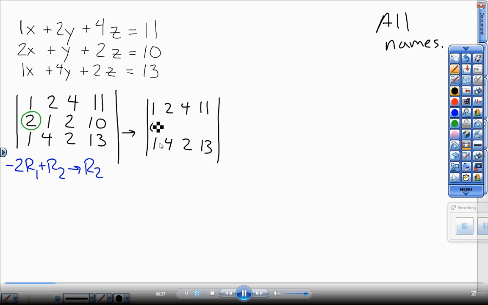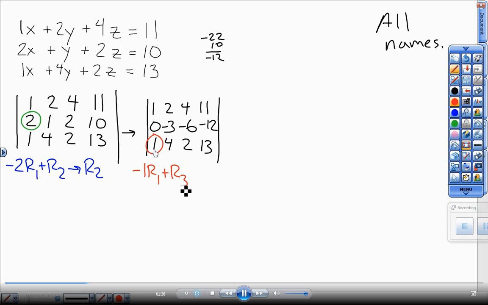I put that 0 right there. -2 times this 2 is -4 plus this 1 is -3. -2 times this 4 is -8 plus 2 is -6. -2 times 11 is -22 plus 10 is -12.